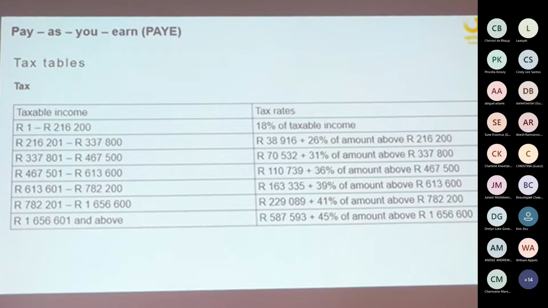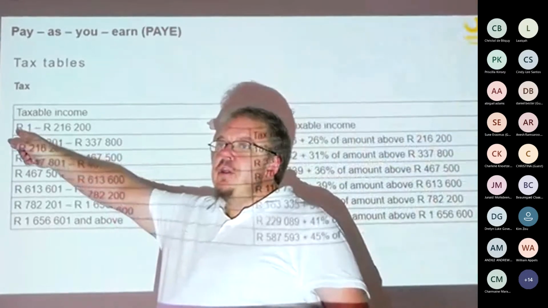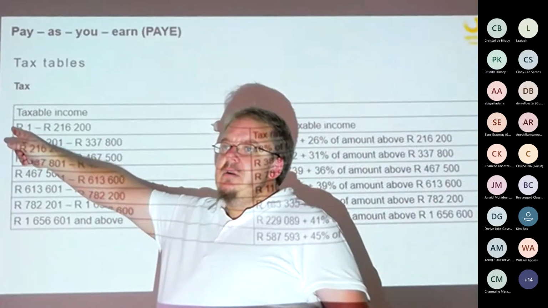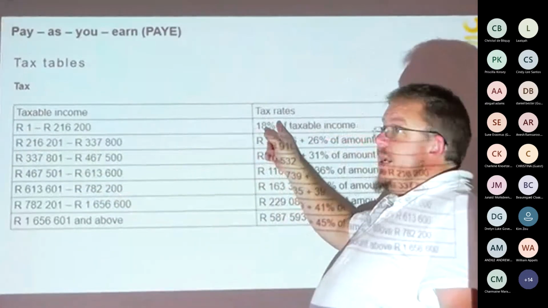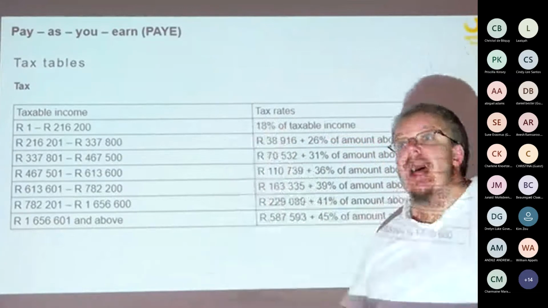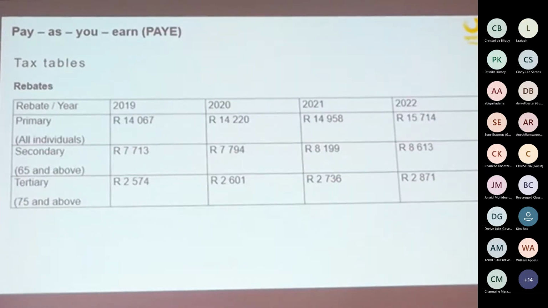Okay. And that's not the end of it, because after that, you get your rebate. Because this table is based on: if you earn 1 rand, you pay 18 cents tax. That's what it says here. Effectively, if you earn 1 rand, you pay 18 cents tax. But remember that rebate? Yeah. The rebate comes into consideration. There are the rebates.